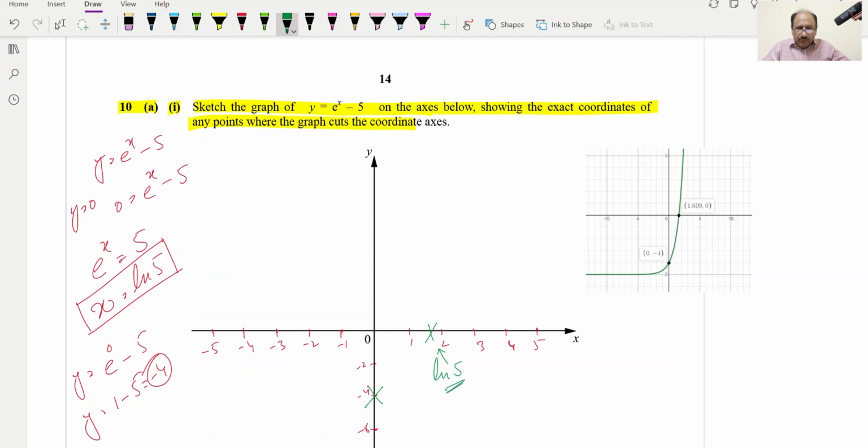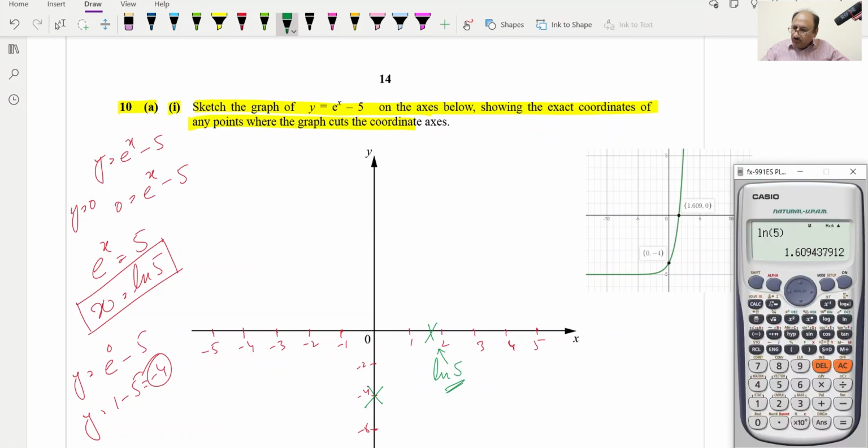Now what we can do is check for a little higher value. We can type the equation e raised to the power x and minus 5, so negative 5, and calculate for 2. Calculating for 2 gives 2.38, so it is positive, going up.